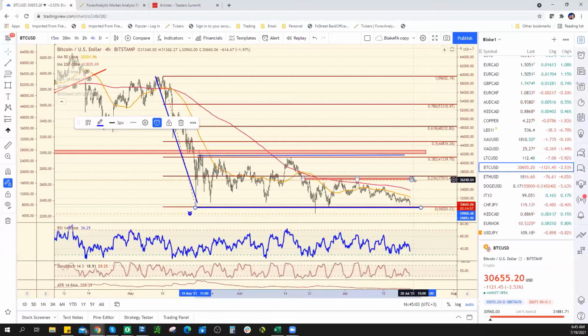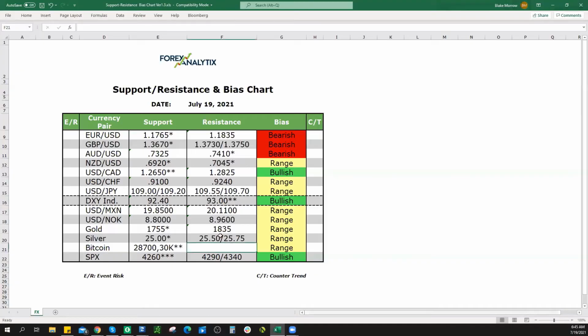Obviously, I got wiggled out on Friday like a damn wussy. 36,500 is still key resistance. And obviously Bitcoin is bearish. You guys know while we're below the 200-day moving average, we stay bearish.